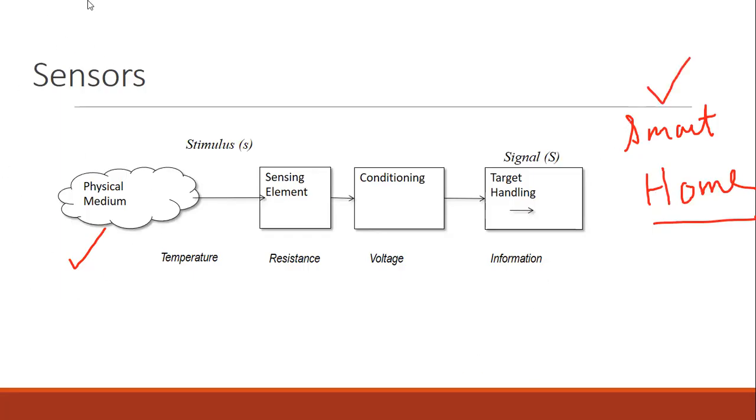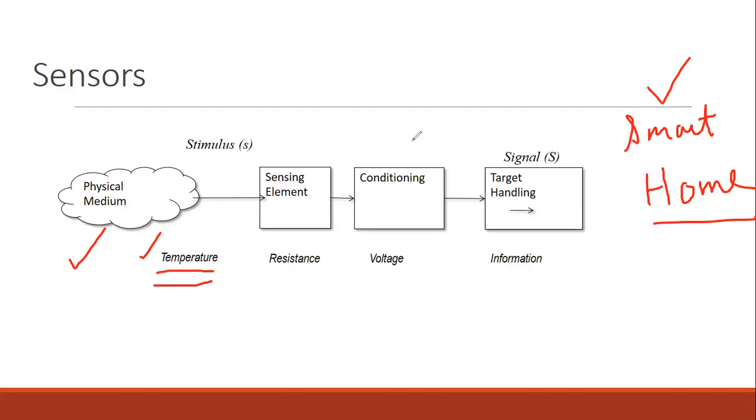So inside the room, you want to measure the temperature of that room. This is the physical quantity that you want to measure. Now, this physical quantity, that is temperature, is sensed by the sensing element.